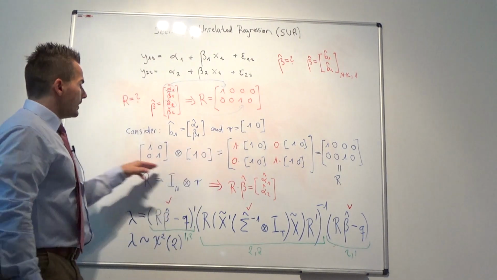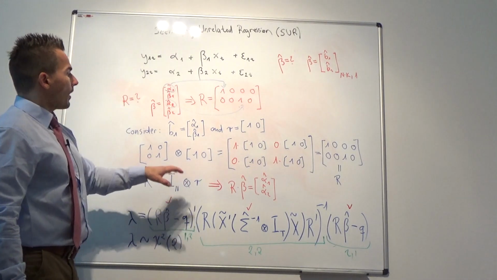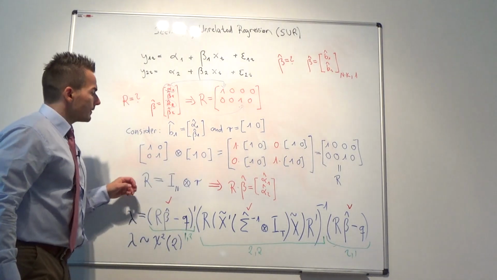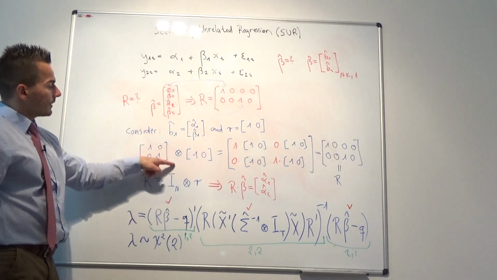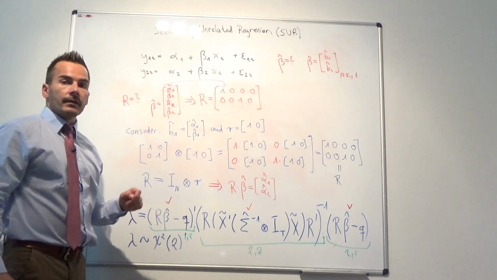So what does that mean? The Kronecker product means that we have to multiply each element in the matrix on the left hand side with what is on the right hand side.